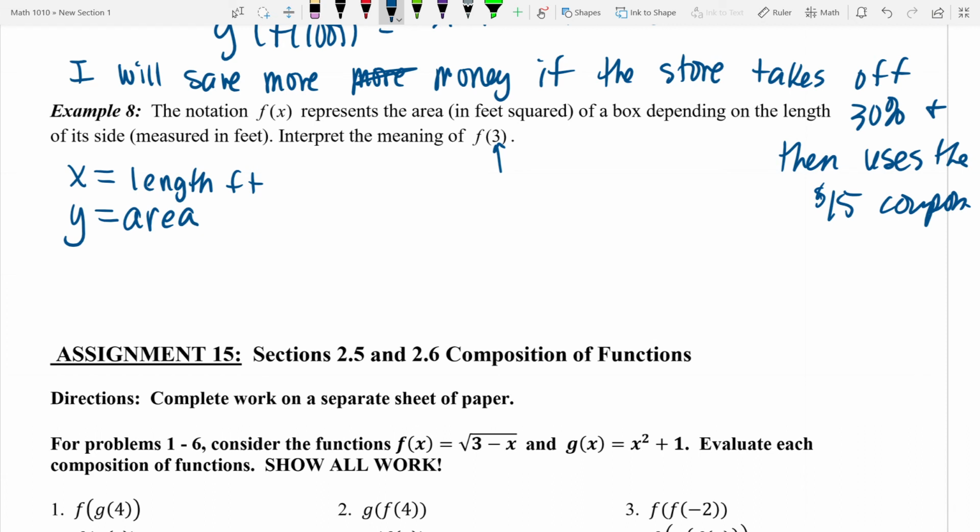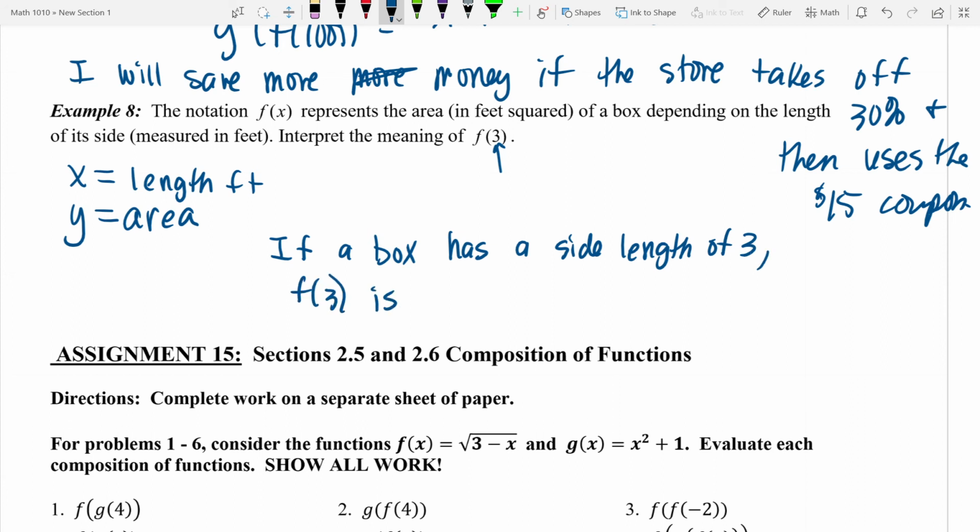It's an x, okay? So I'm going to say if a box has a side length of 3, comma, f of 3 is the area.